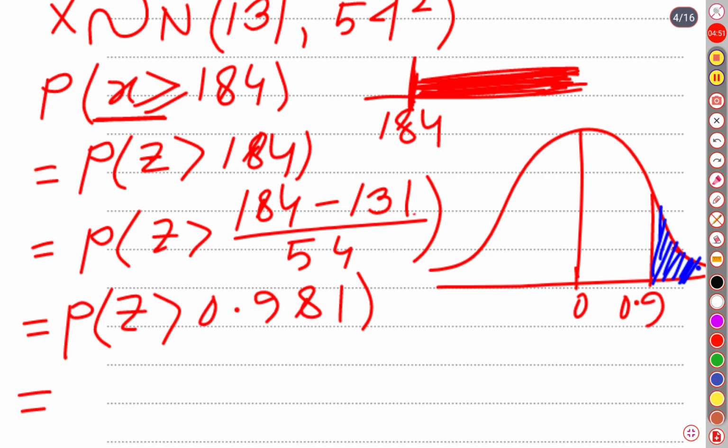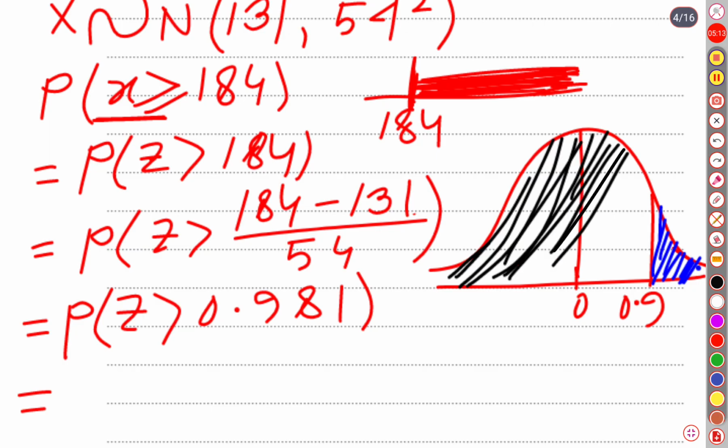For any normal distribution curve, the probability tabulated always lies on the left side, that means the left side of the z-score. But here the question told us to find the right side of the z-score. So how can we find this?